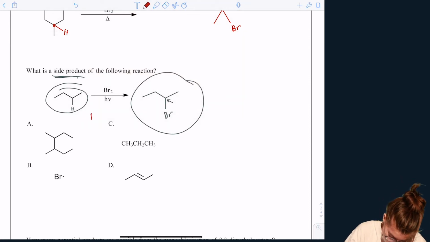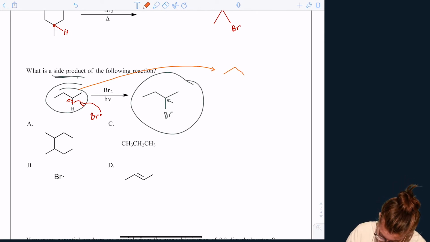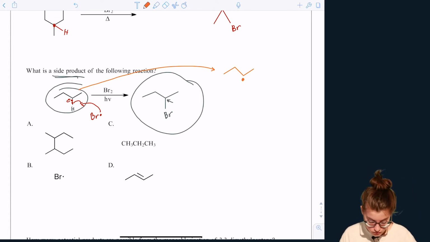And my bromine radical in my first propagation step met with one of the electrons to the hydrogen, which means this electron went on to the carbon. In other words, my radical alkane looked like this, where there was a radical electron right there.